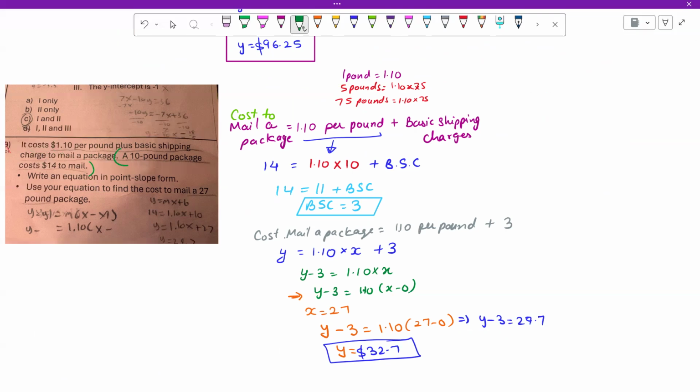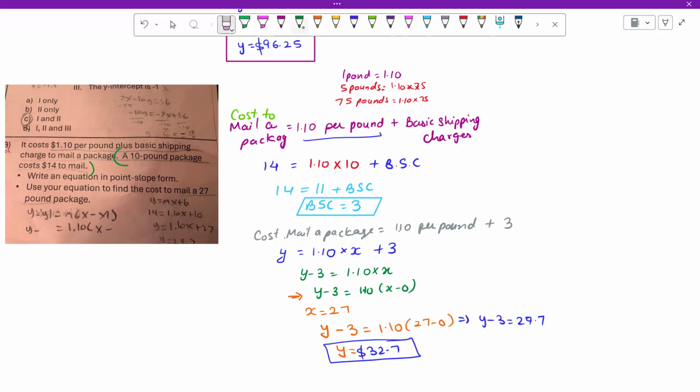Every pound costs this much, so 10 pounds will be 10 times this value. They said the total cost is $14. Just plugged in and found the basic shipping charges.